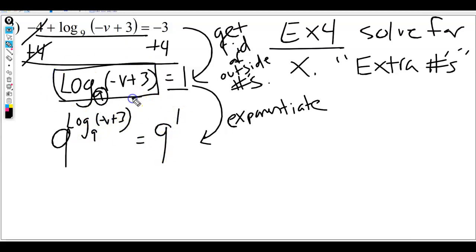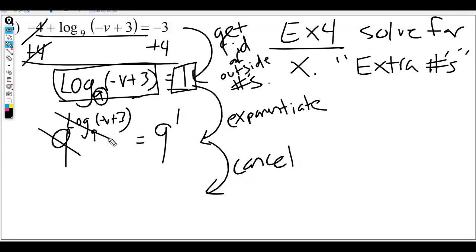So this side became a power of 9, and this side became a power of 9, right? The next step is to cancel. On the left side, the 9 cancels the log 9, and we're left with this. 9 to the first power is 9, so I'm just going to write it like that.